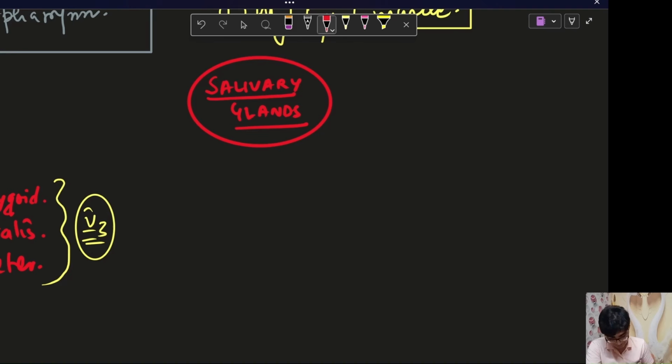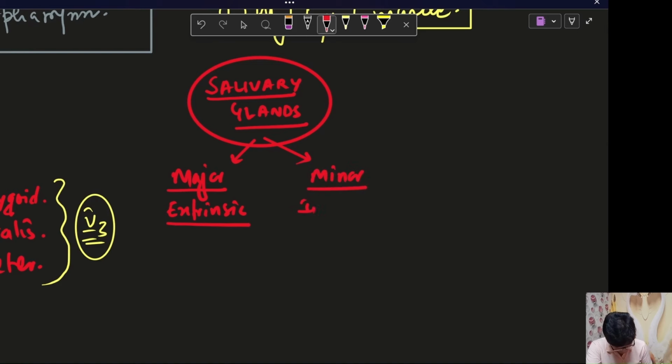Correct? So primarily there are actually two types of salivary glands in our body. One is major salivary gland, extrinsic major salivary glands, whereas minor salivary glands, which are actually the intrinsic minor salivary glands.